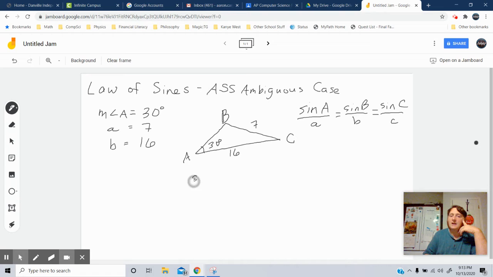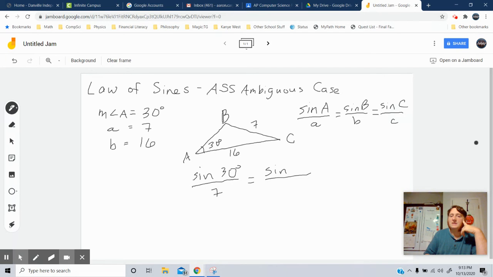So we would say sine of 30 degrees divided by 7 would equal sine of an angle compared to a side length.